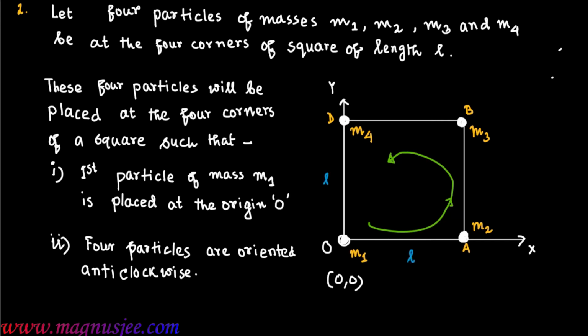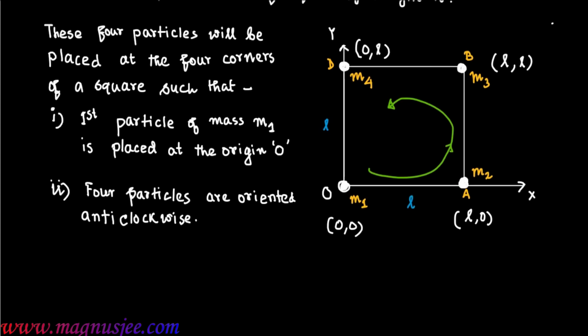and the position coordinates of the first particle m1 are 0, 0, the position coordinates of the second particle are L, 0, the third particle m3 is L, L, and the fourth or last particle of mass m4 is 0, L. In this case, we can denote the center of mass.